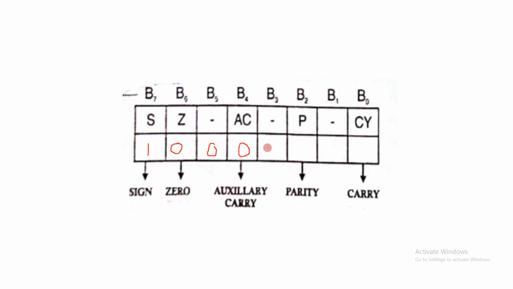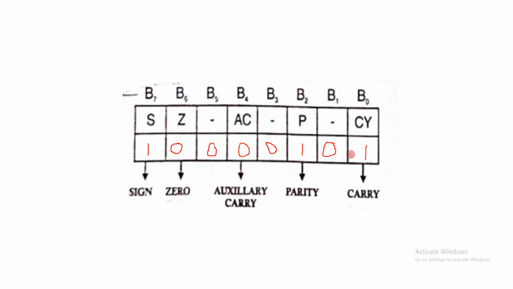This is unused, so here also it's 0. Parity is 1, and 0 because it is unused. Carry flag is 1. So this is a binary number. If you remember, this is 8-bit: 1, 2, 3, 4, 5, 6, 7, 8.